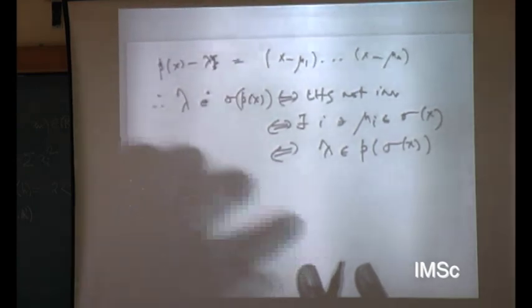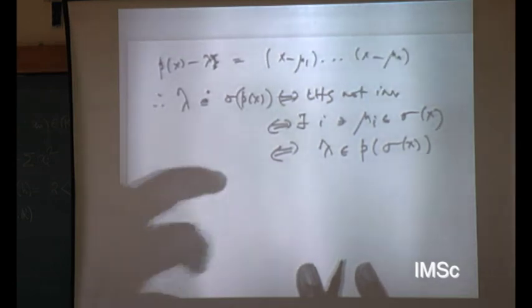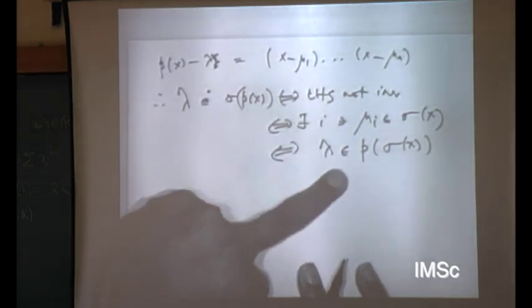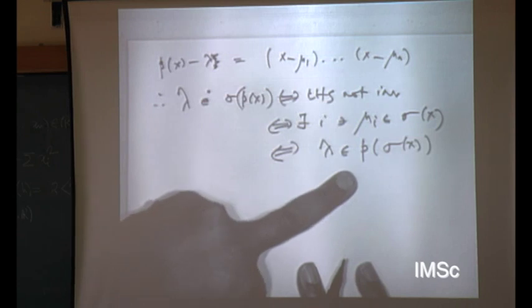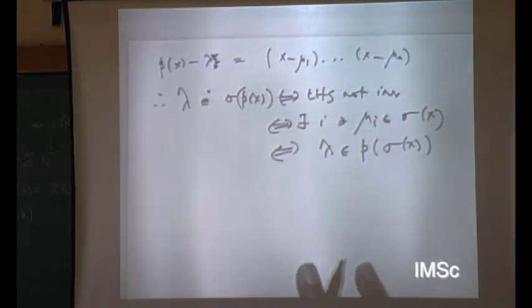So you've shown that lambda is in this spectrum precisely when it is in the image under P of the spectrum of X.